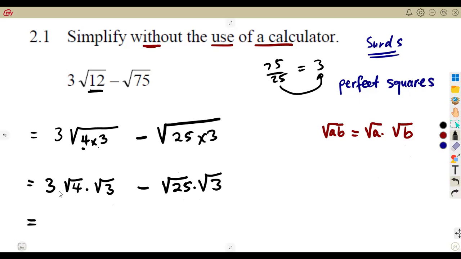We know the square root of 4 is 2, so we can simply multiply 3 times 2, which gives us 6 square root of 3. Minus, you do the same thing, the square root of 25 is 5. But we cannot simplify the square root of 3, so it's going to be 5 square root of 3.